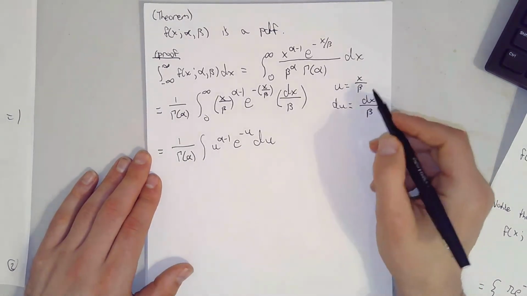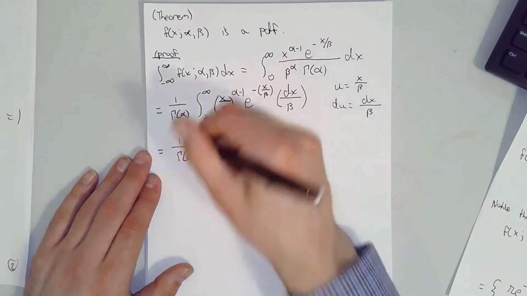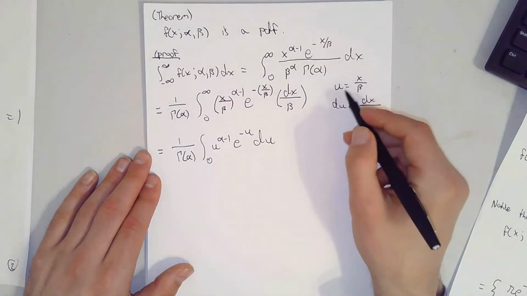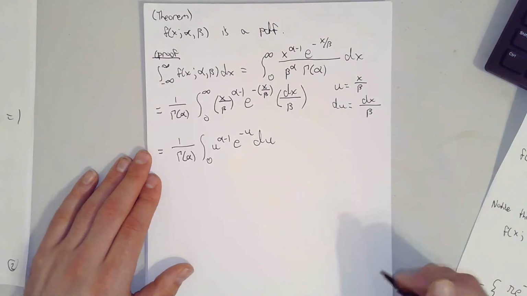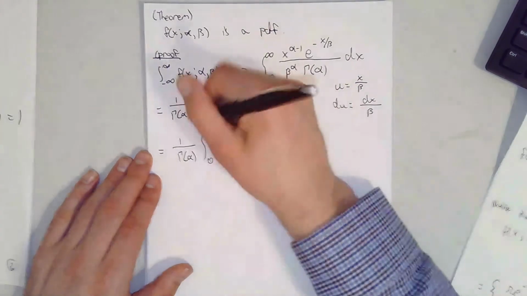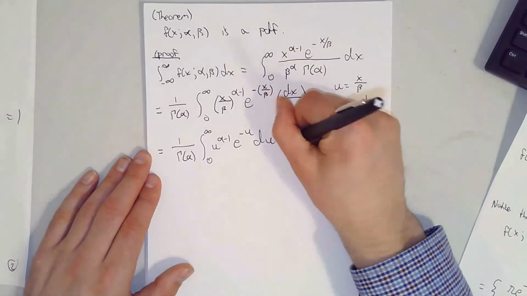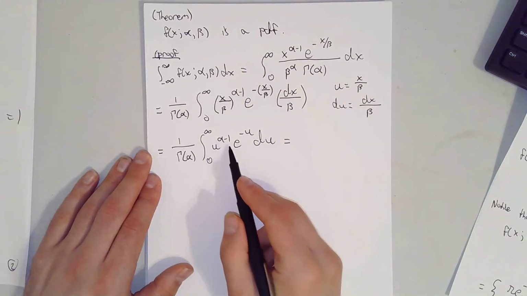Under this substitution, when x equals 0, u is still equal to 0. And when x goes to infinity, u also goes to infinity, because remember, beta is a positive number. So by definition, this is in fact gamma of alpha.